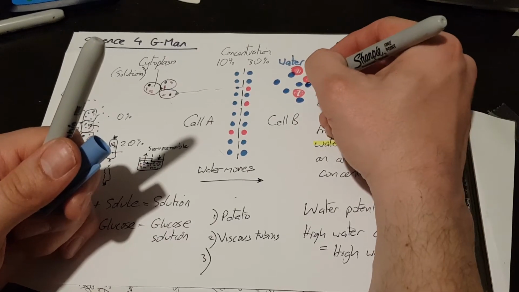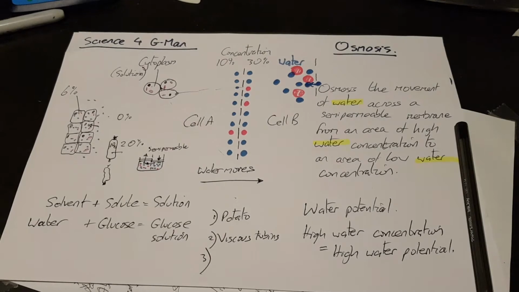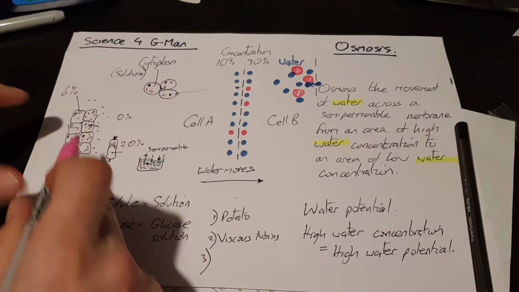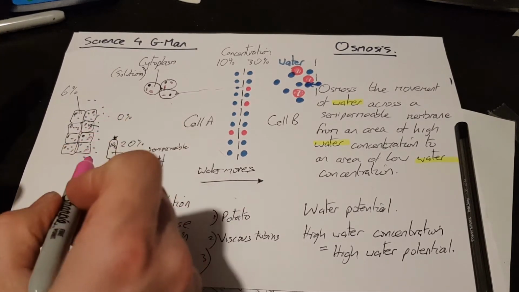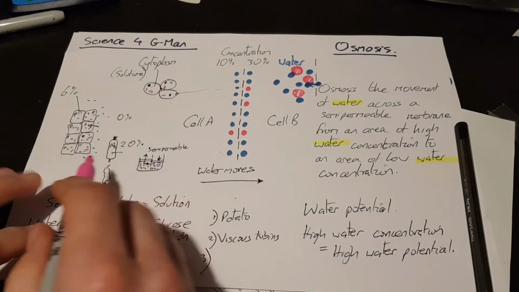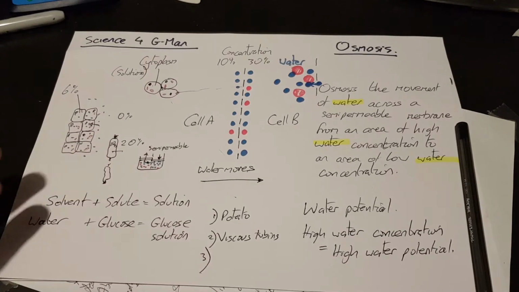It can't get back again, it's too big. So when we're looking at these experiments, the water comes in, it binds on with the solute, and the water is the solvent. Water comes in, makes the cells expand, because we're going from high water concentration to low water concentration.